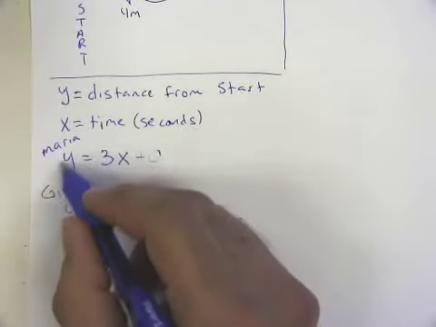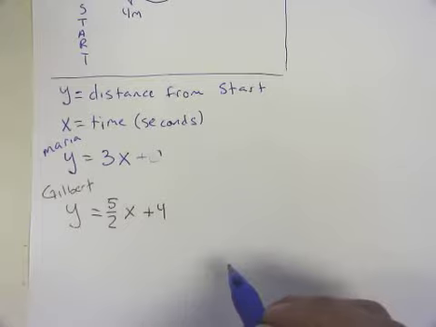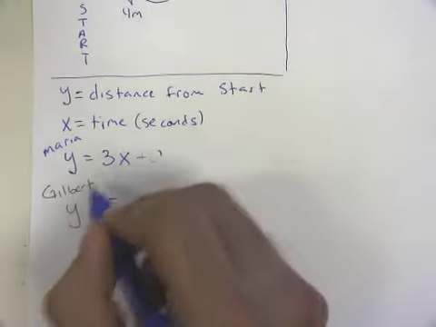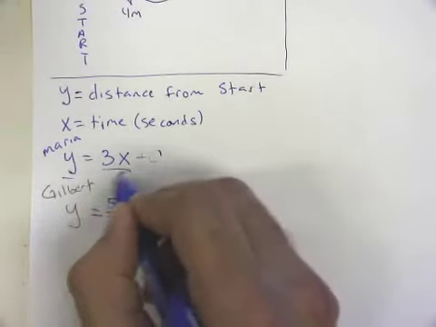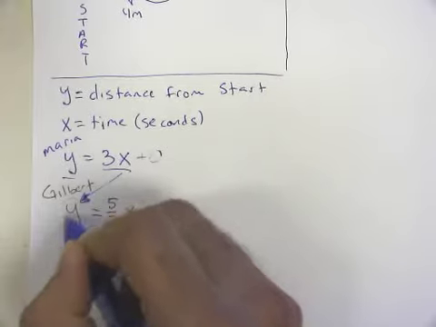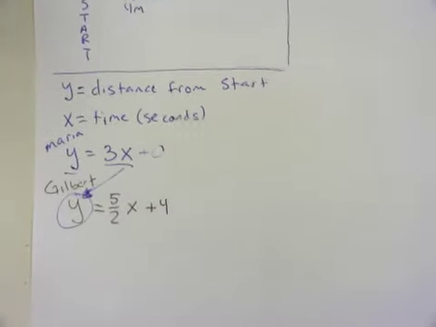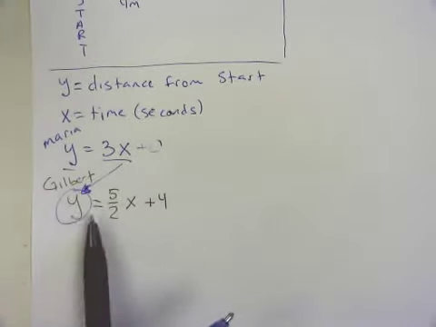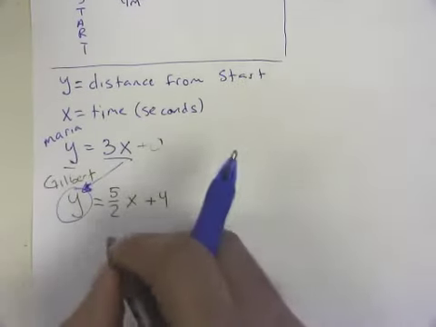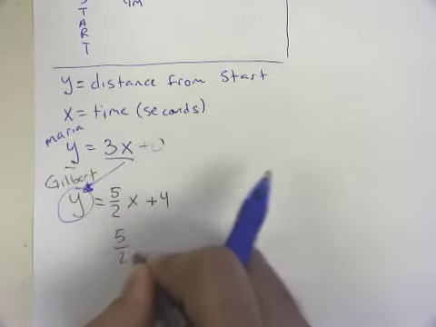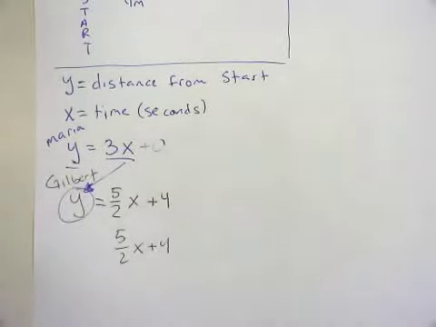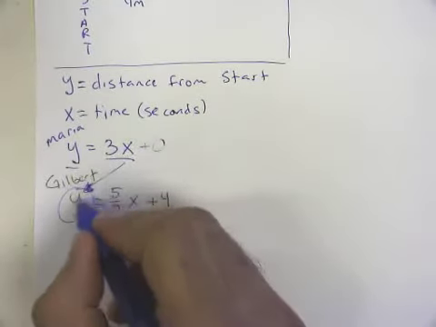So what we can do is we can say that since we want y for Maria to be equal to y for Gilbert, we can substitute what y is equal to into the other equation. In other words, we have this equation for Gilbert that says y is equal to 5/2x plus 4.